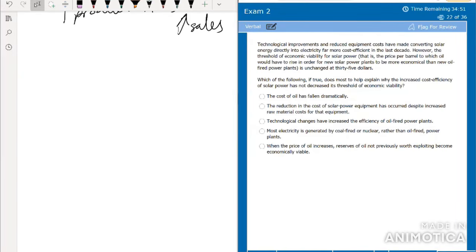Which of the following, if true, does most to help explain why the increased cost efficiency of solar power has not decreased its threshold of economic viability? So, technological improvements and reduced equipment costs make converting solar energy directly into electricity far more... Okay, so solar costs have gone down.